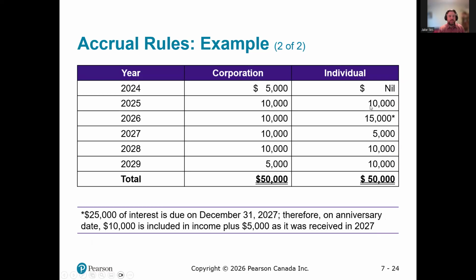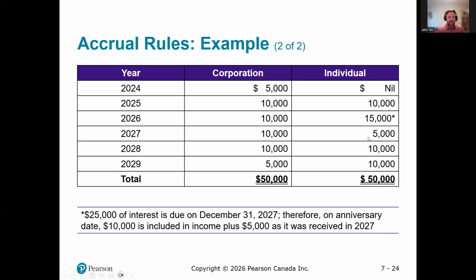So the corporation doesn't care when the money got paid, it accrues consistently. But the individual accrued 10,000, accrued another 10,000, but then they received $25,000. Cash basis says we have to recognize that 25,000. So we received 25, 10 was already recognized in the previous year. So the other 15 will be recognized up to the point that we've collected, which causes a concern in the next year.